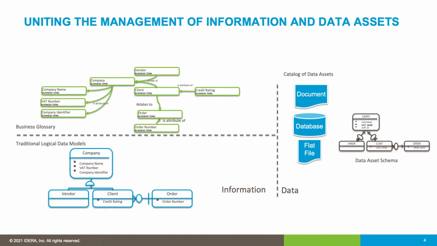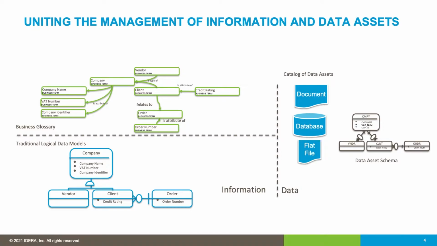So for information related to a company, we've got company name, VAT number. The relationship between company and those other objects is an attributal relationship. And then between client and order, there's a more generic relationship, relates to. Again, we want to allow our users, using business language in a very friendly environment, to browse the ontology, looking for the information that they want.